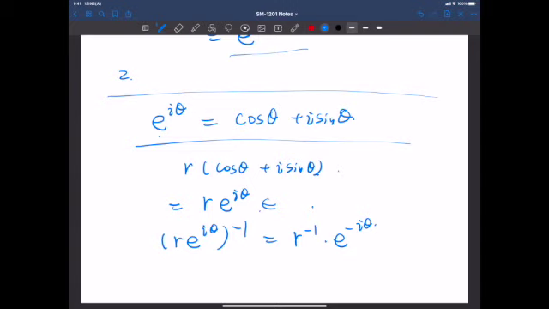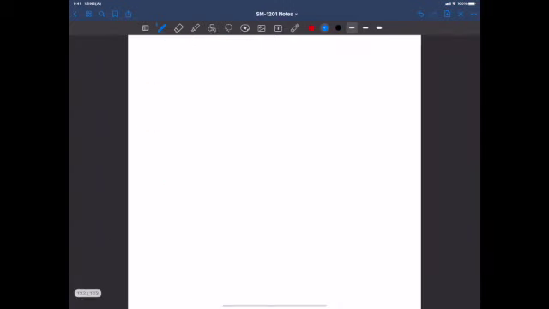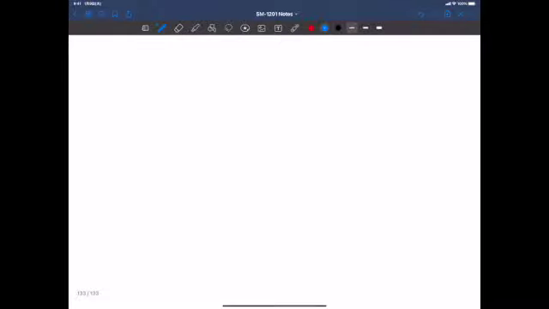Okay, and we have also, if we have two polar forms, r e to the power of i theta times s e to the power of i psi. By the way, this is a Greek letter, psi.